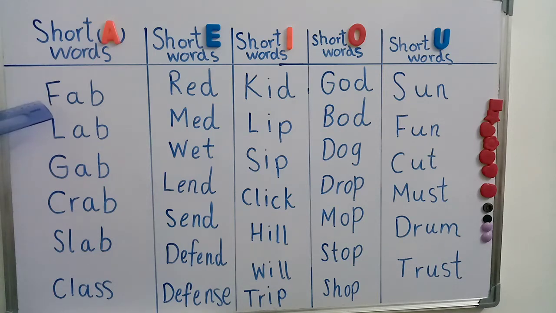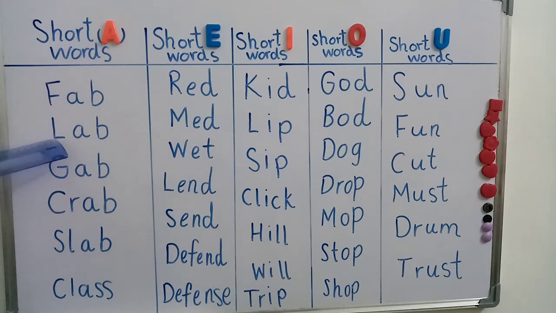When you are going to teach your kid how to read mid-vowel words, you are going to ask him or her, what does the F say? Fa. Fa and a, we have fa, fab. So we are reading the sound of letters, mainly not the names of letters, kids.